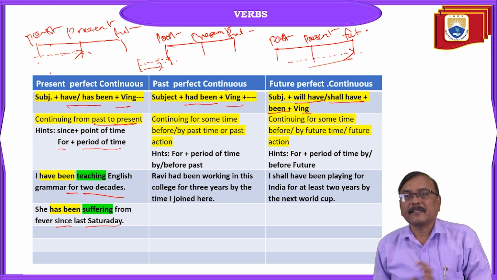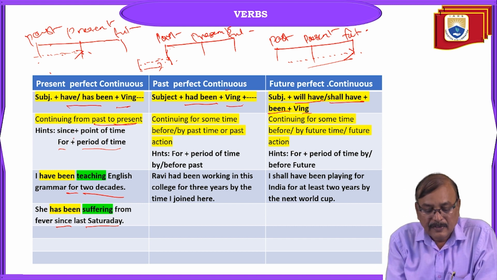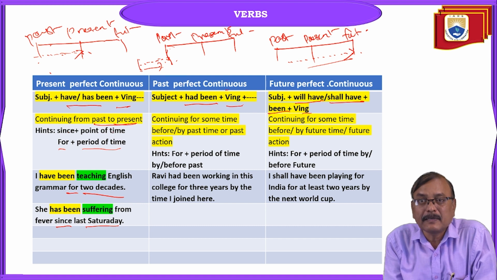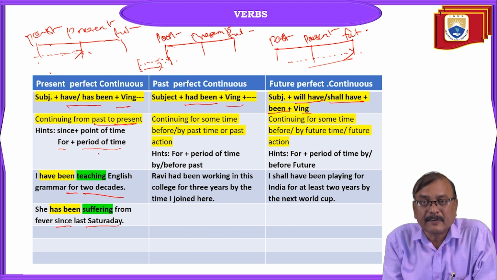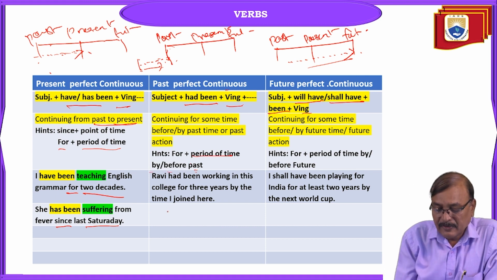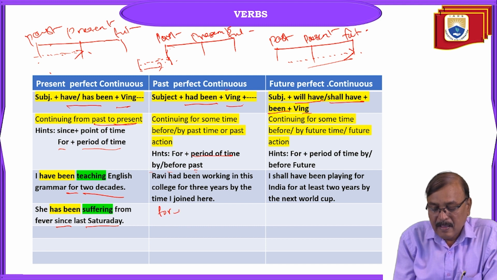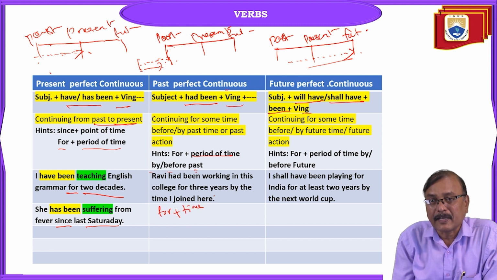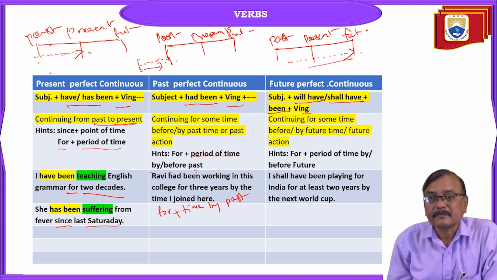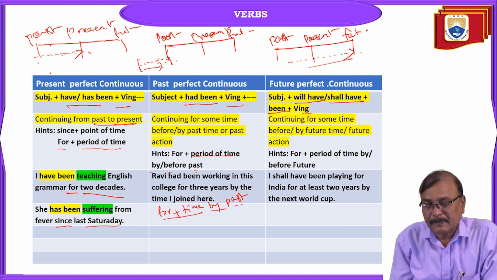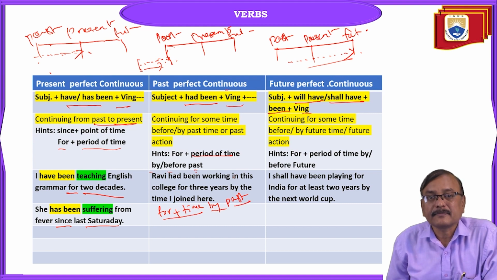And let us here take the hints. If it is since plus point of time or for plus period of time, go with present perfect continuous. If it is for plus period of time by past or before past, for plus time by past, past perfect continuous.